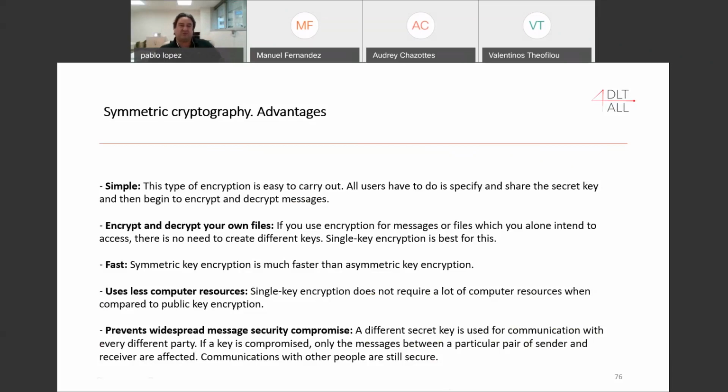I don't like to say whether symmetric or asymmetric is better or not better. It also depends on the use that you want to give it.